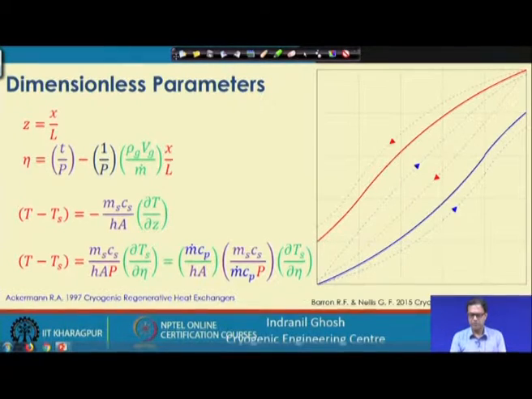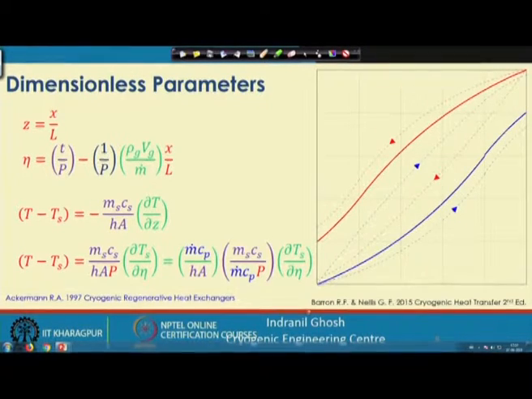So, we are not going into the details of calculating the fluid or matrix temperature profile in this lecture, but rather we will be more interested in designing or simulating a particular type of regenerator for cryogenic applications or any other application, where our job is basically to simulate the regenerator under a particular application, or to design the regenerator for a given condition.